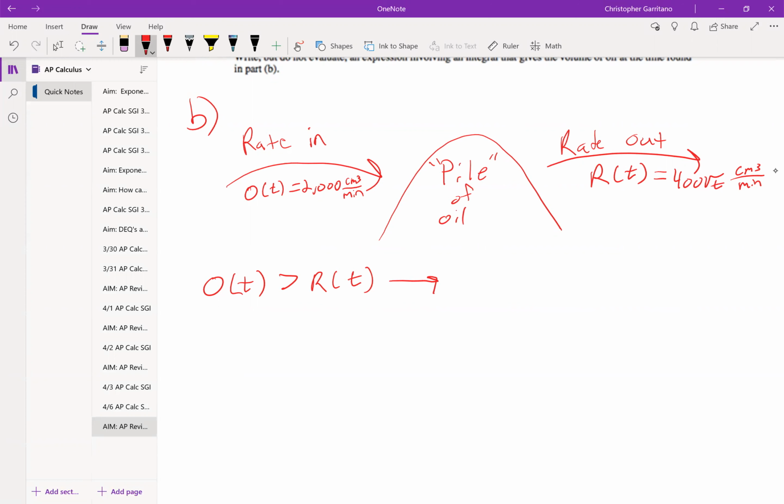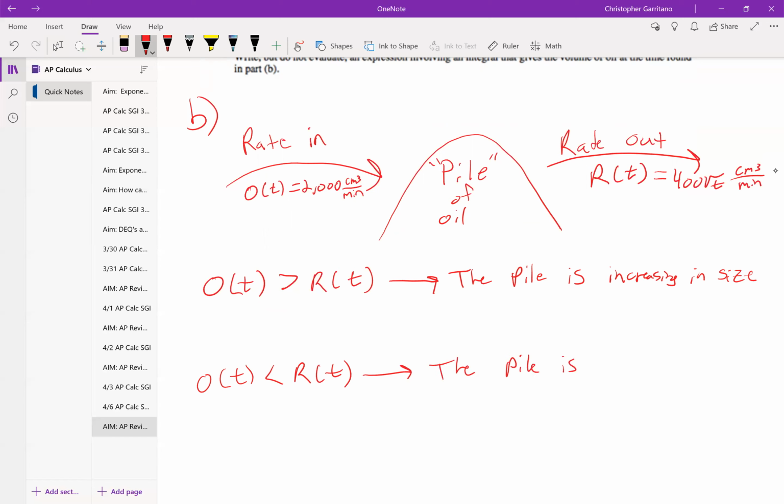If the rate in is greater than the rate out, then the pile is increasing in size. In other words, the amount of oil is increasing. On the other hand, if O of T is less than R of T, then the pile is decreasing in size.